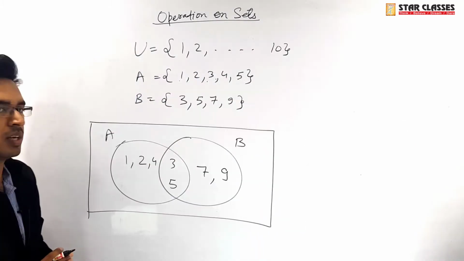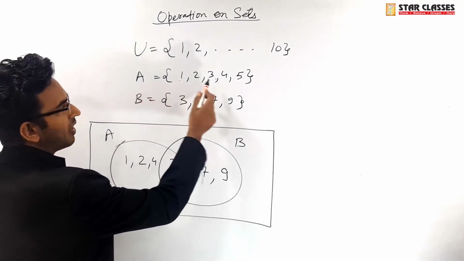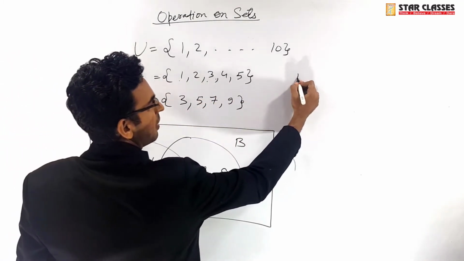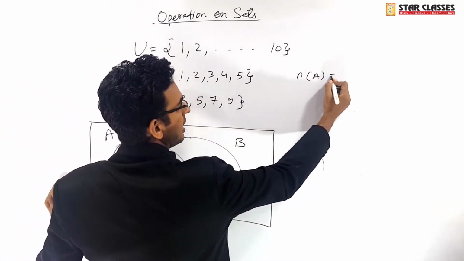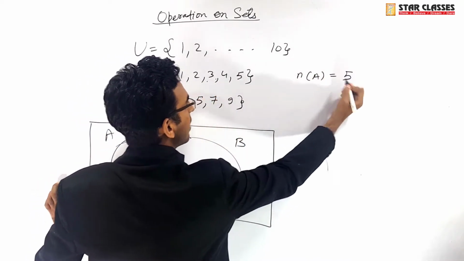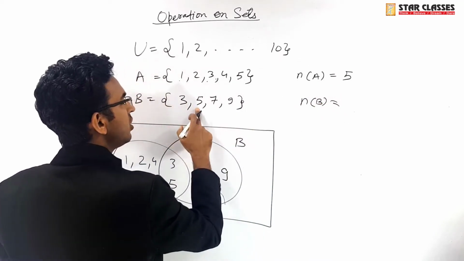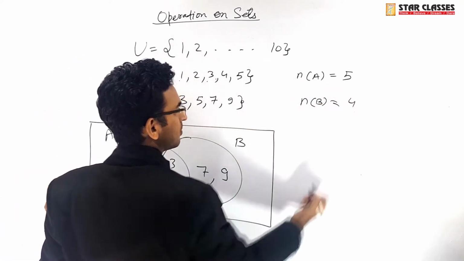Now let us see another example. Here set A is 1, 2, 3, 4, 5, so the number of elements in set A is 5. And the number of elements in set B is 4.